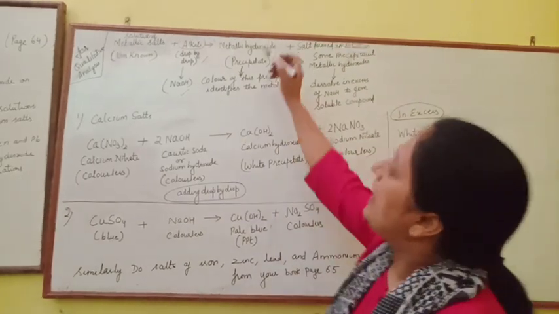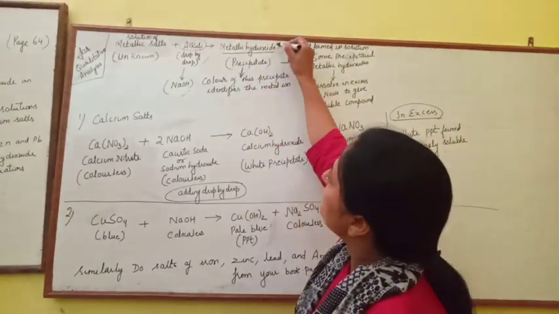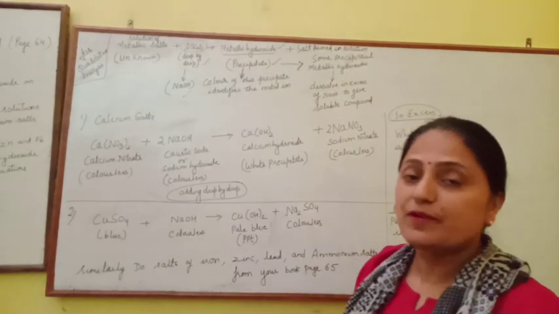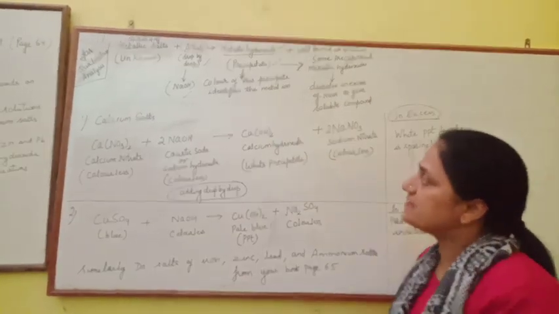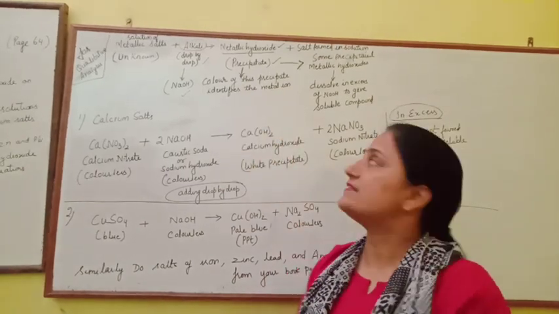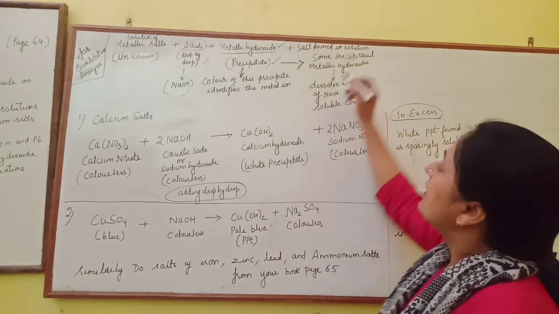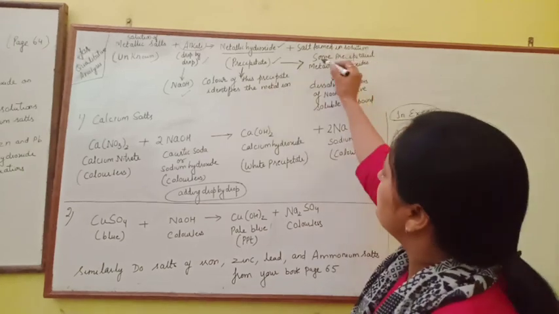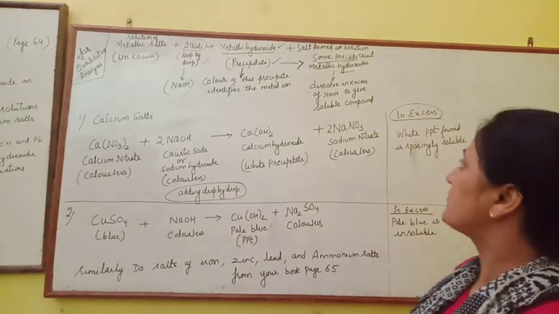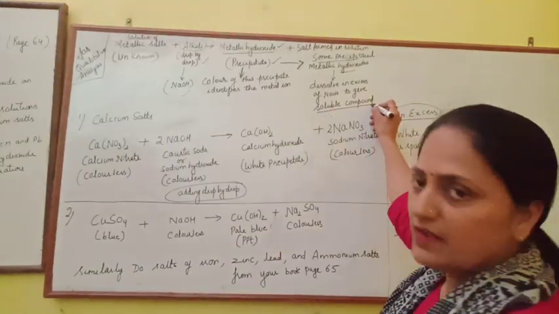This metallic hydroxide will be a precipitate, and the color of this precipitate helps us to identify the metal ion. And some of the metallic hydroxides get dissolved in excess of sodium hydroxide to give a soluble compound.